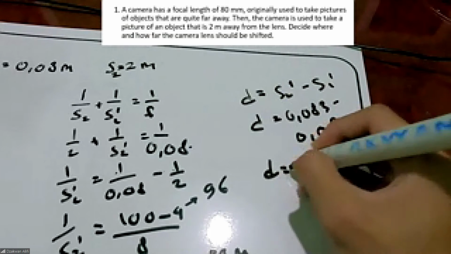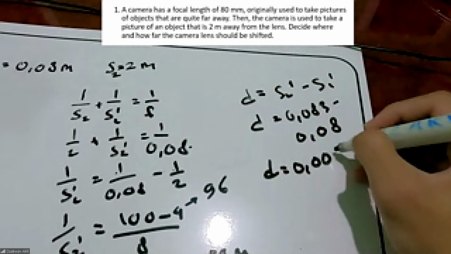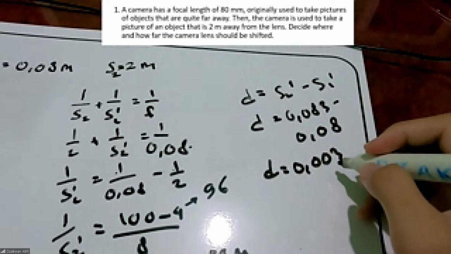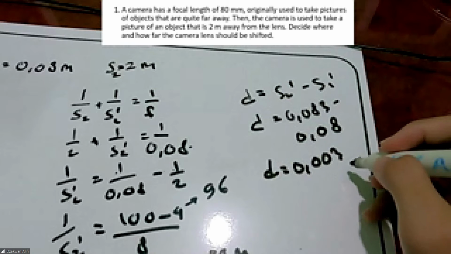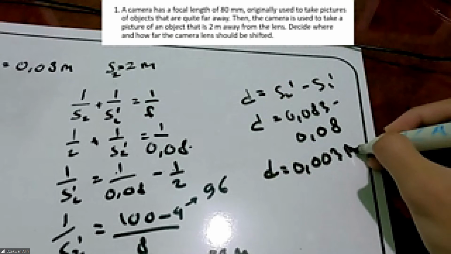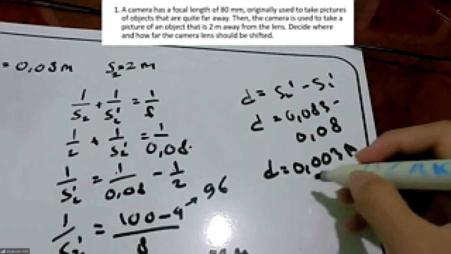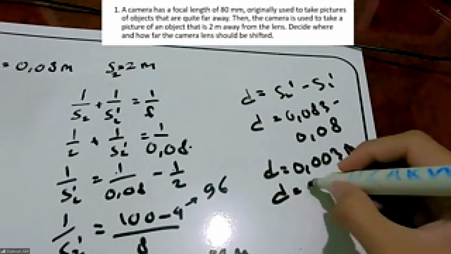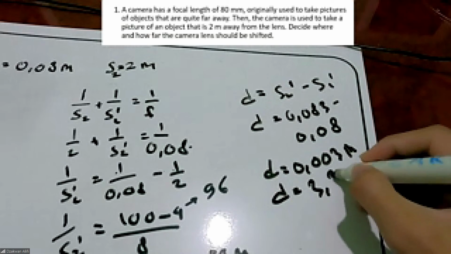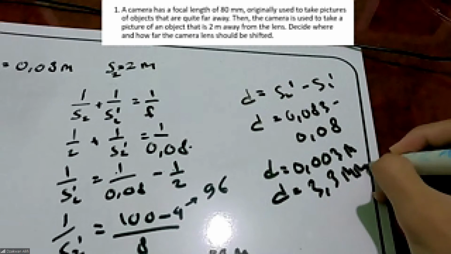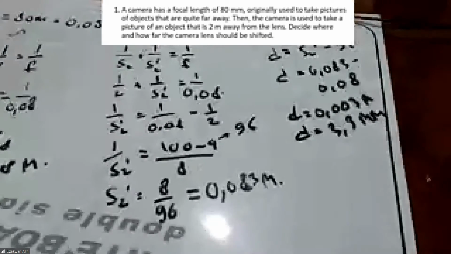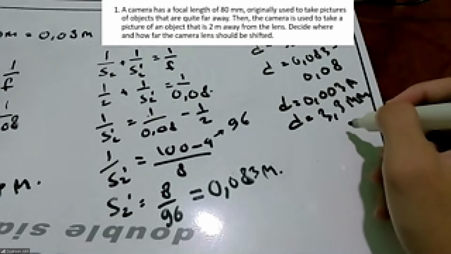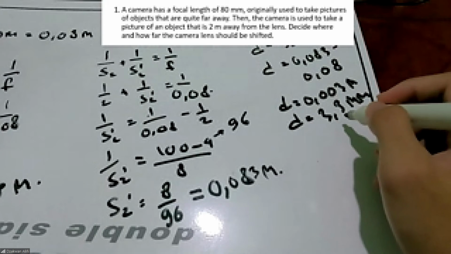D is 0.003 meter, I'm sorry. Now, if we convert this to millimeter, it will become 3.3 millimeter. So, we can shift the camera 3.3 millimeter.